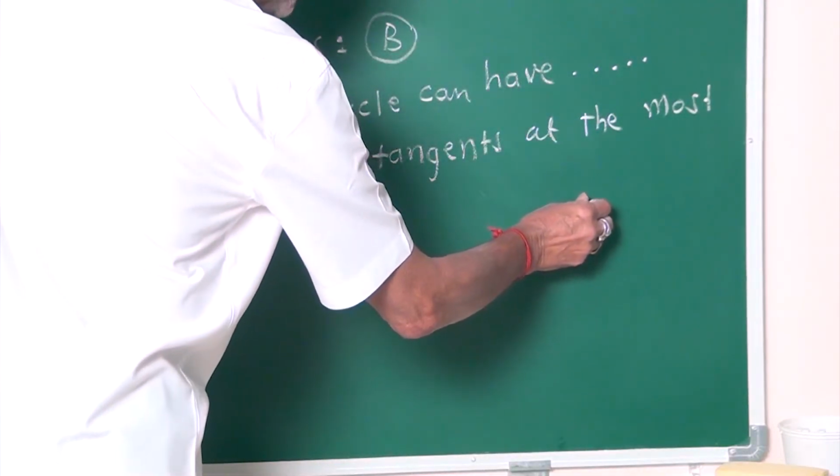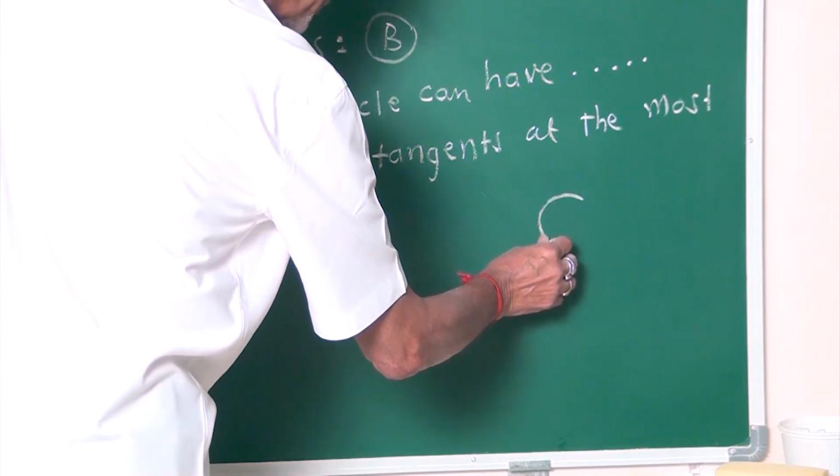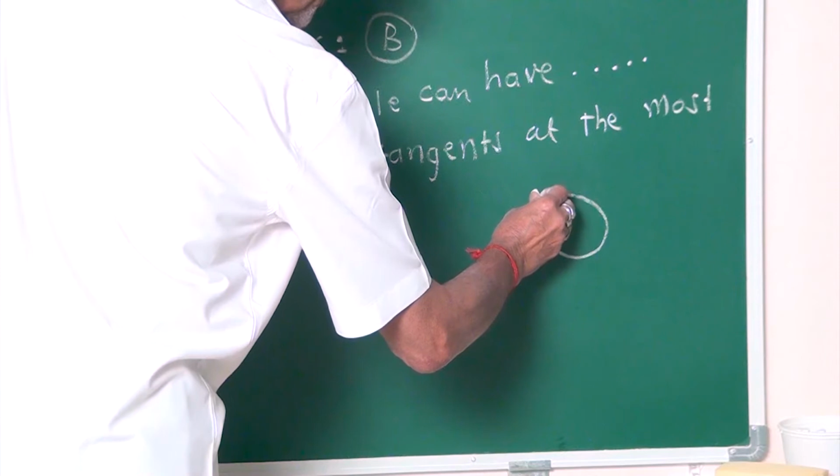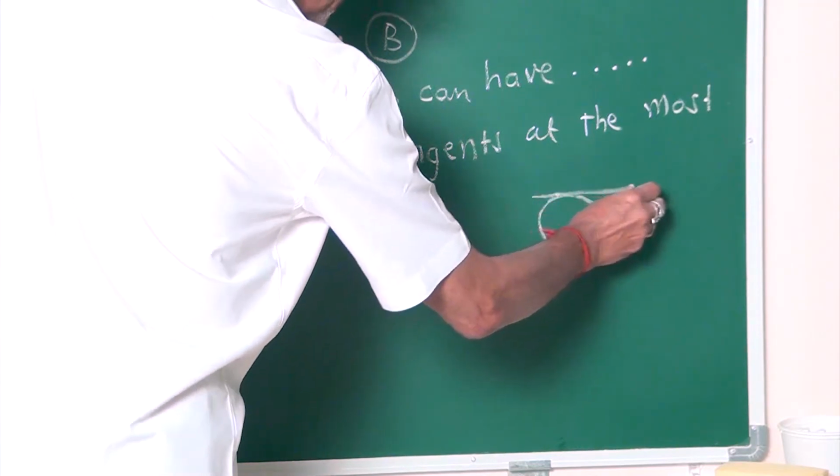Yes, my friend, this is the circle. Parallel lines means what?